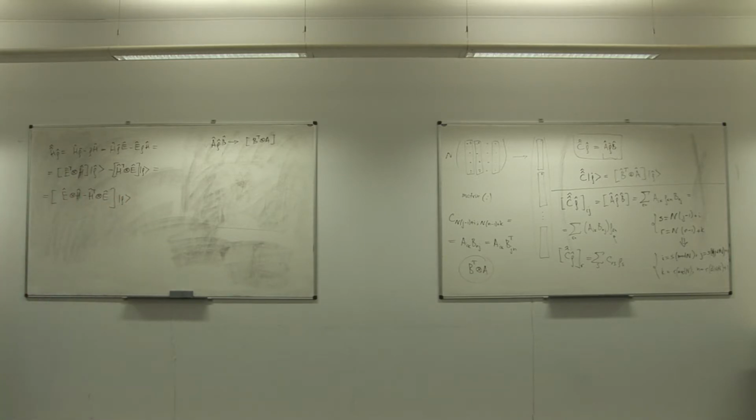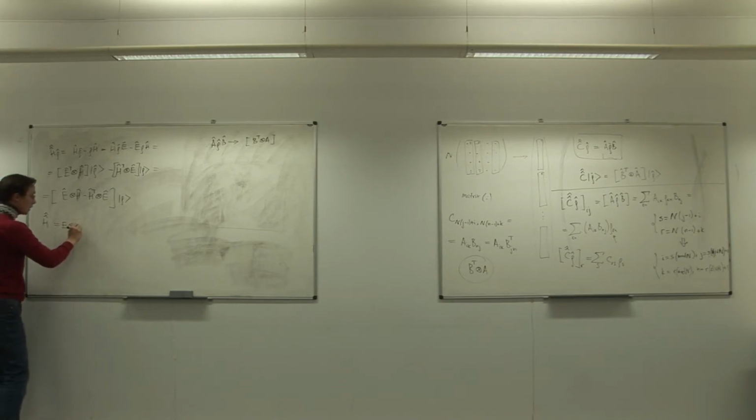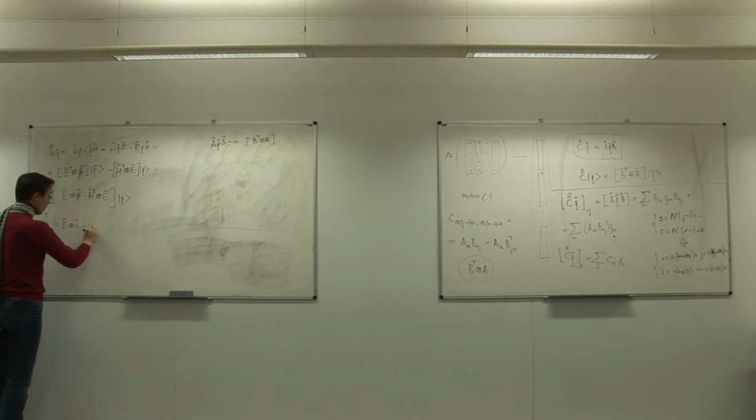And so the final corollary is the matrix representation of the Hamiltonian commutation superoperator is E cross H minus H transpose cross E.